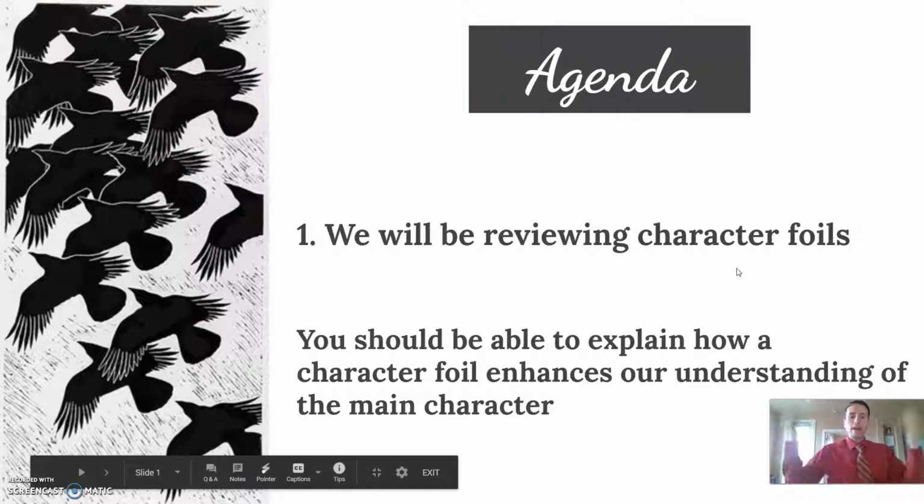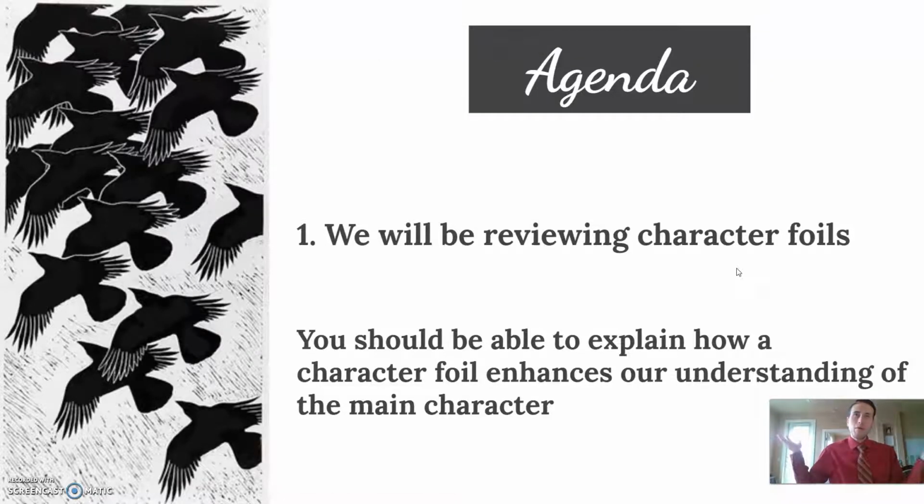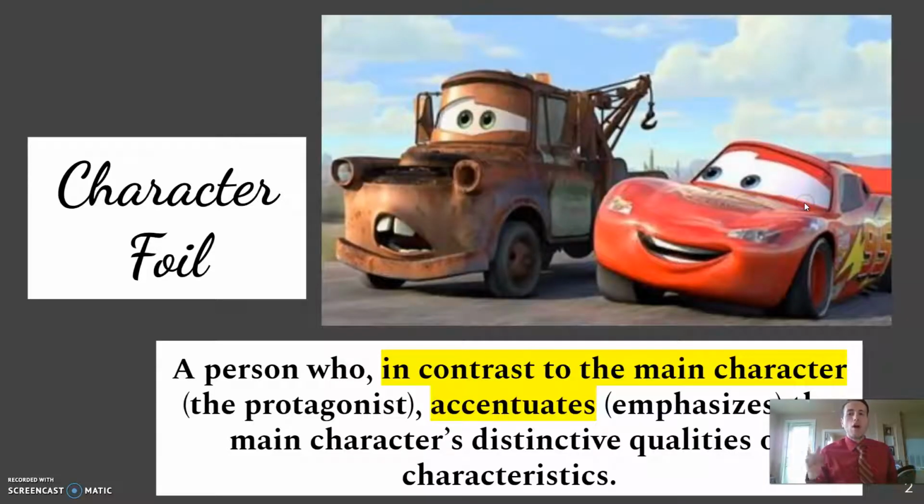Okay, so character foils. We've already learned about them, but let's go back through them one more time so we can double check that you know what they are. Character foils are basically a character or a pair of characters who contrast each other and emphasize different qualities or characteristics of their personalities.